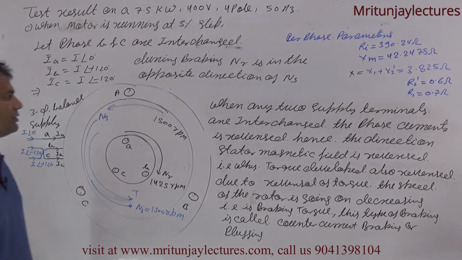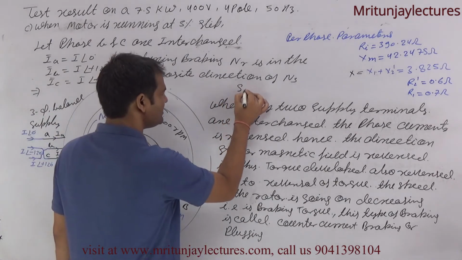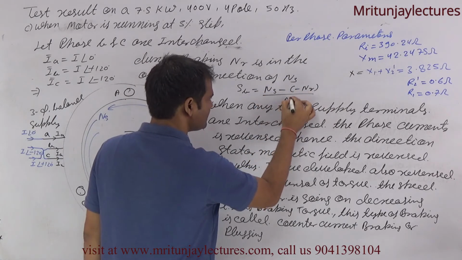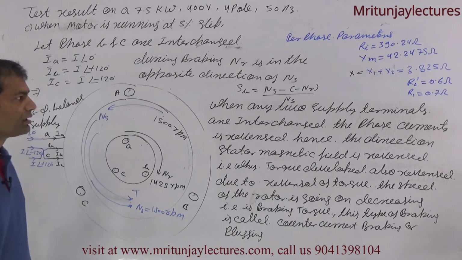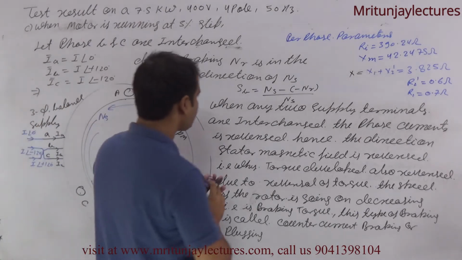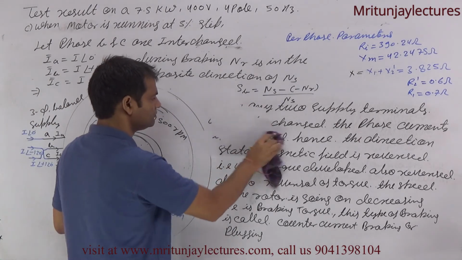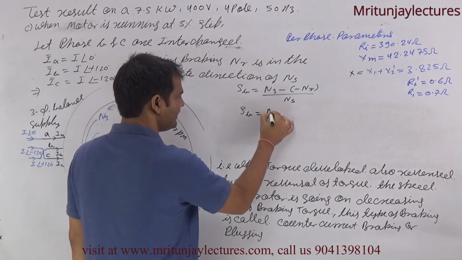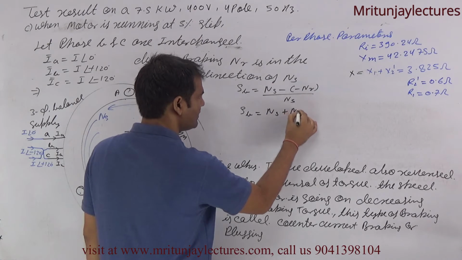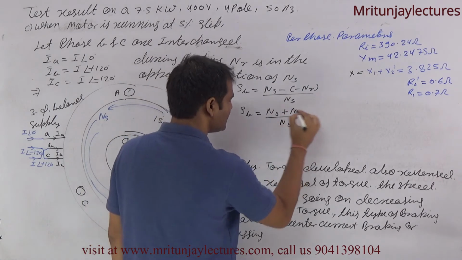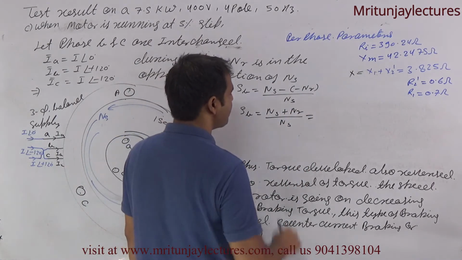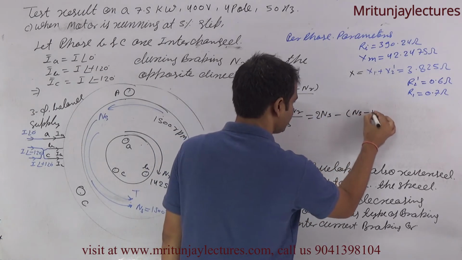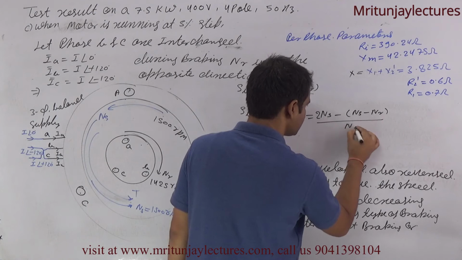Okay. So what about slip? SB is written as NS minus NR divided by NS. It is clear that SB is written as NS plus NR divided by NS. It is also written as 2NS minus NS minus NR divided by NS.